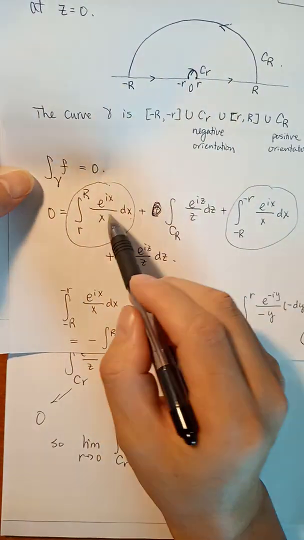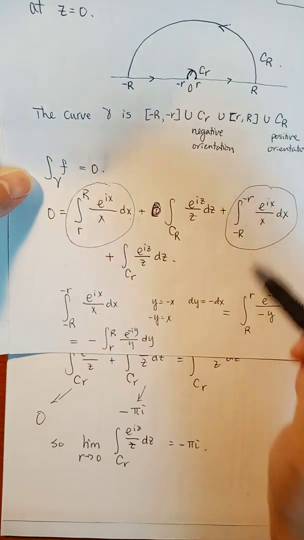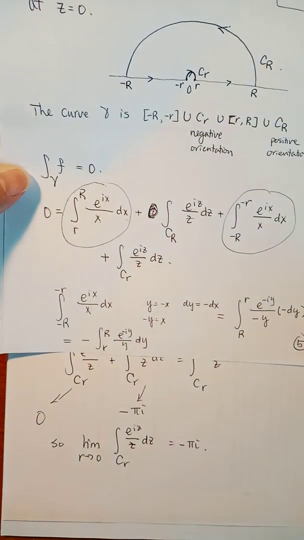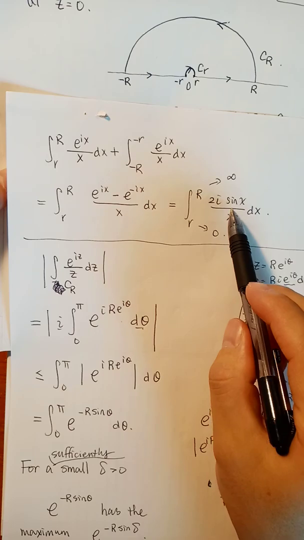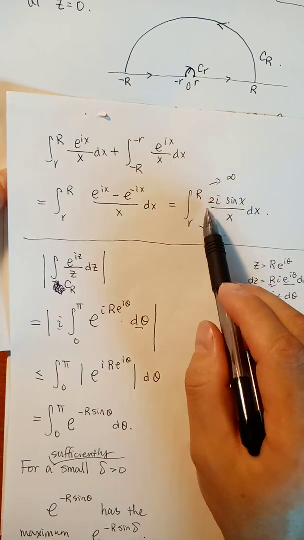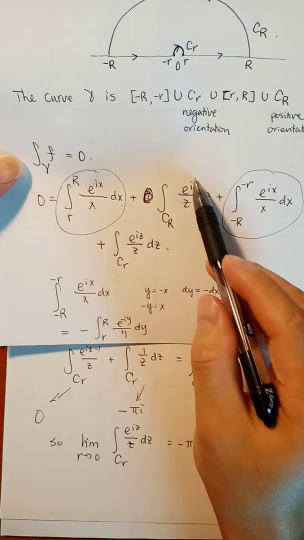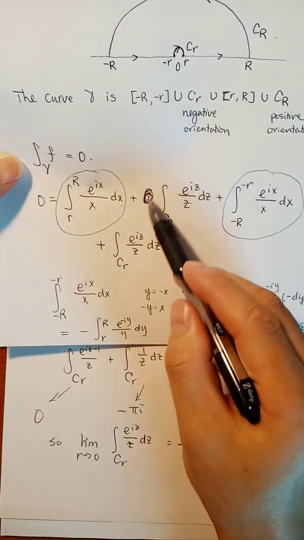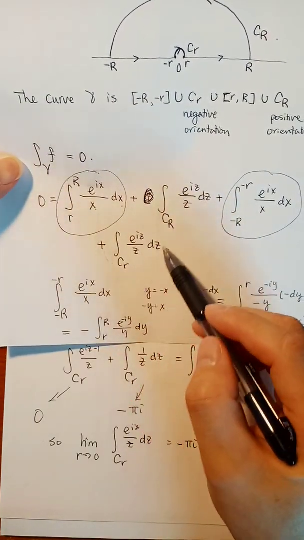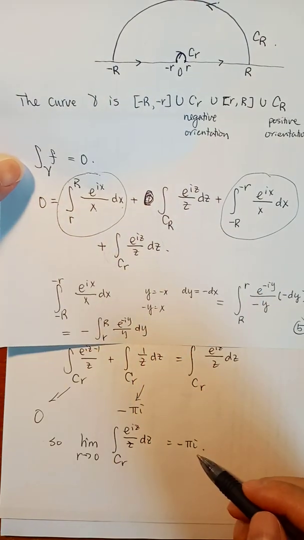We know the first and third terms together give you 2i times sine x over x, and we just spent a long time computing that. The second term will approach 0, and the fourth term will approach negative pi i.